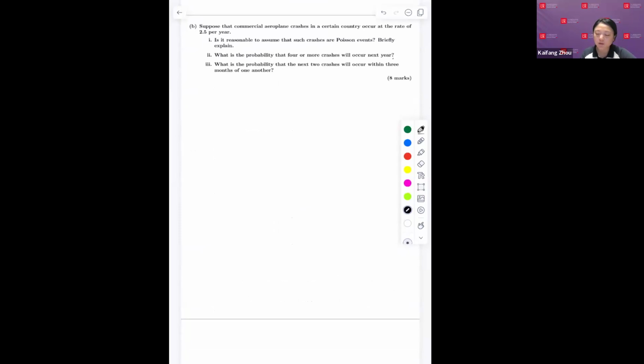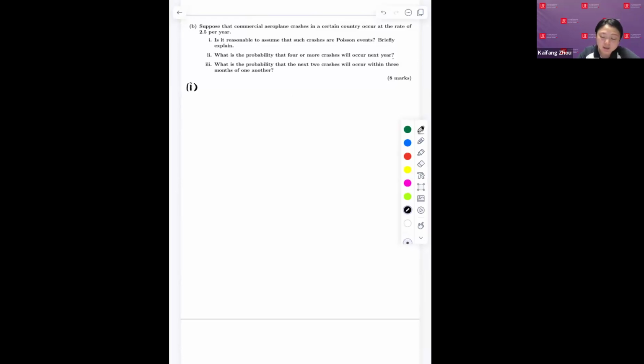Suppose that commercial airplane crashes in a certain country occur at the rate of 2.5 per year. Question I: is it reasonable to assume that such crashes are Poisson events? Briefly explain. In this question, it tests your knowledge of the Poisson assumptions.